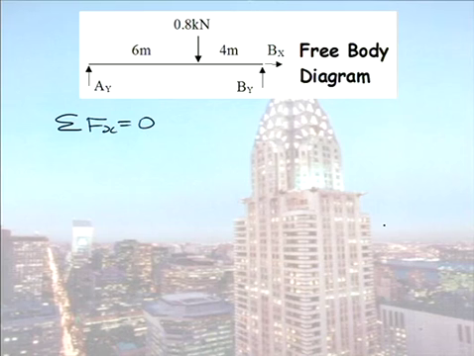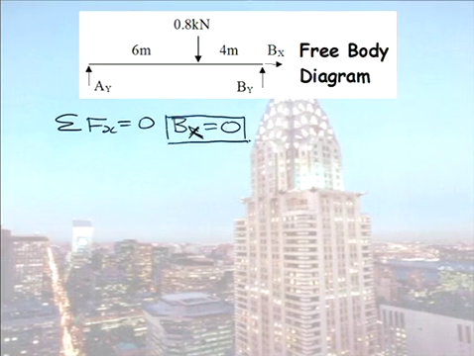Whether they have a value or not, I'll find out now. So in my free body diagram, I say, okay, I have a Bx force, and that's the only force I have in the x direction, so that must equal 0. So therefore, even though I have the potential to apply a horizontal reaction, the horizontal reaction is 0.